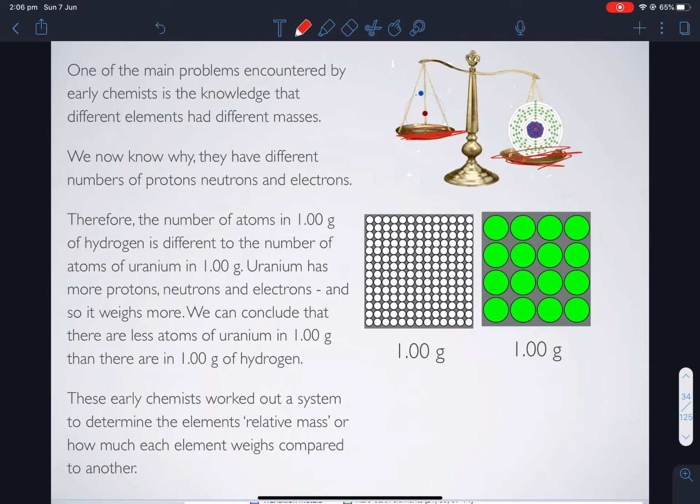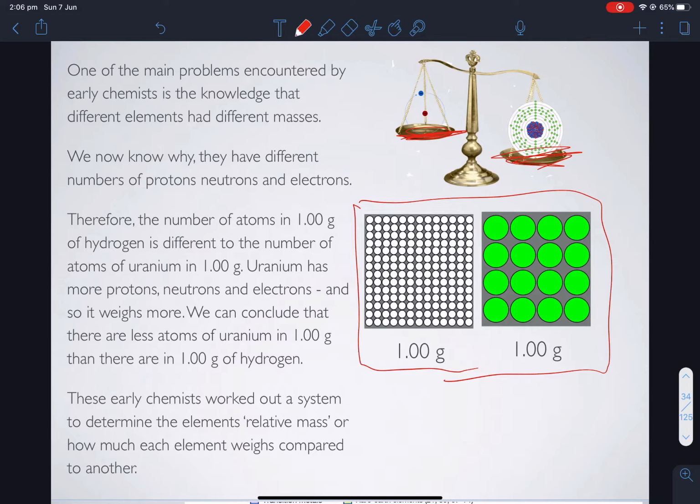We can't compare their masses so much because in my little diagram, on the left, I've got a certain mass, 1 gram of our hydrogen, and there's a lot of hydrogen atoms in there, okay? But if I take 1 gram of something heavier, like uranium, there's a lot fewer atoms in it, yeah?